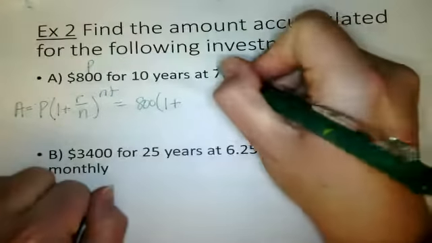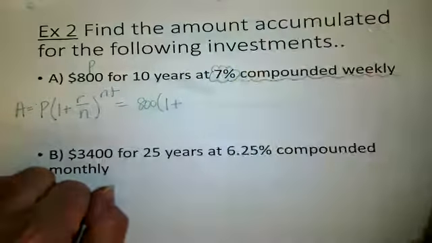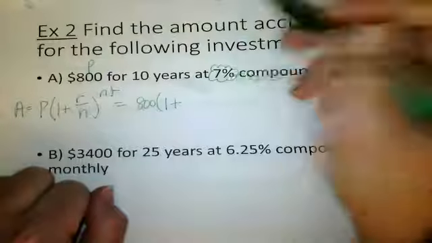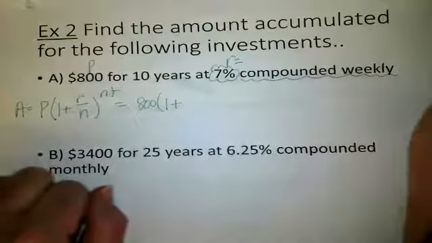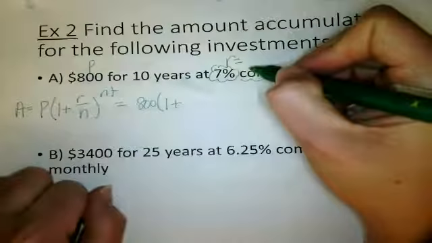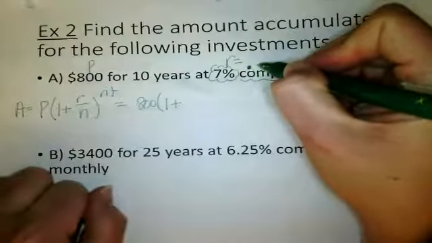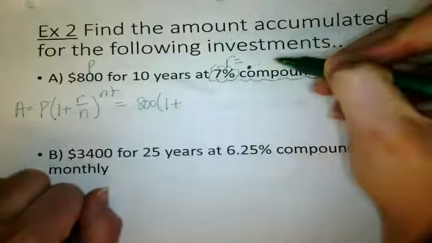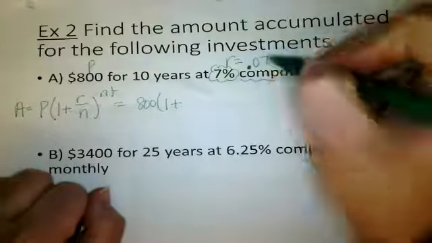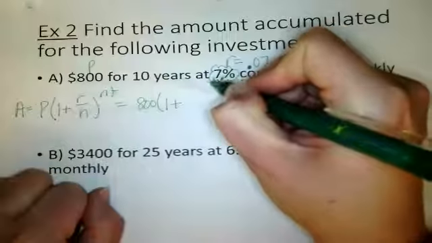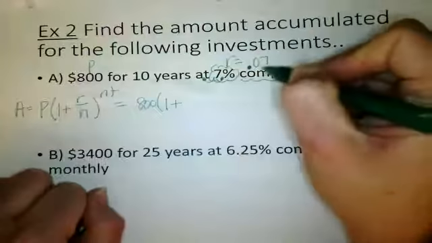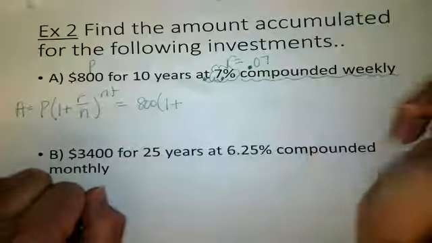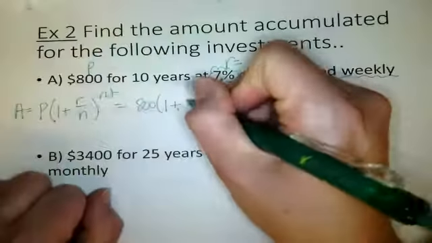All right, so 7% is the percentage rate, but we don't want to use it in this form. So what should we do to get R? Is it 0.7 or 0.07? 0.07, yes. So you take your decimal and you move it 2 places, and that makes a big difference, okay? The difference between 0.7 and 0.07 is huge.